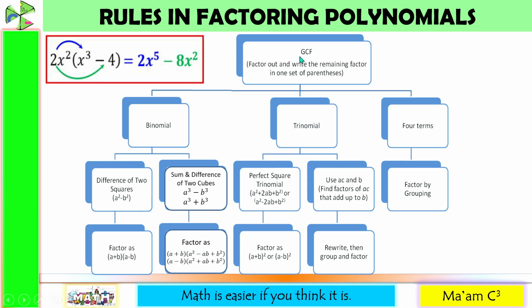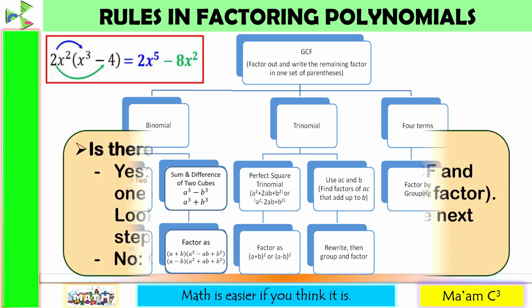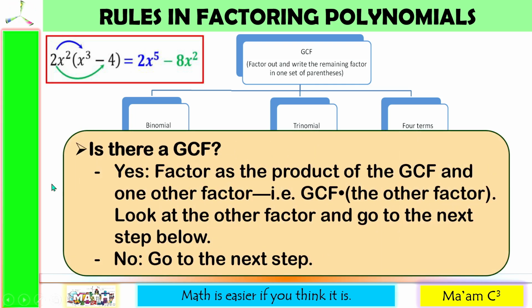So if we have a GCF, we have to factor it out like this one here, and then we're going to write the remaining factor in one set of parentheses. So your first question always will be, is there a GCF? If the answer is yes, you have to factor it out and write the remaining factor in one set of parentheses.